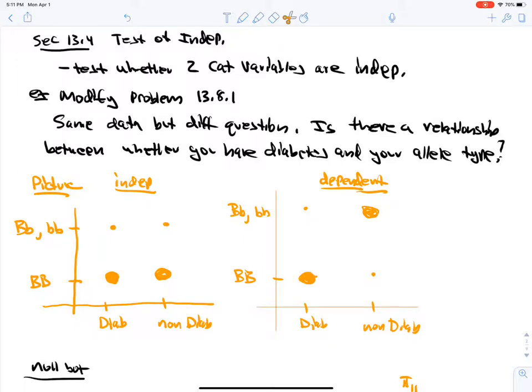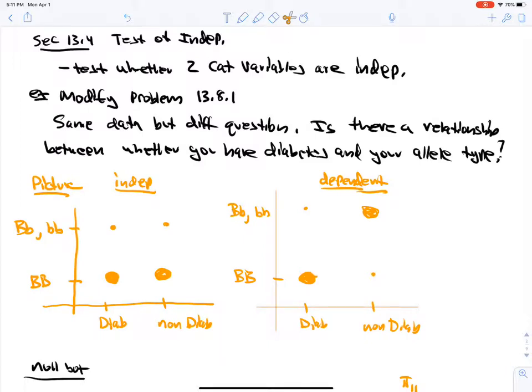We get this kind of cross classification. So you either have diabetes with dominant allele type or non-dominant allele type, or you have non-diabetes with dominant or non-dominant allele types. So you have four possibilities, of which one is checked off.